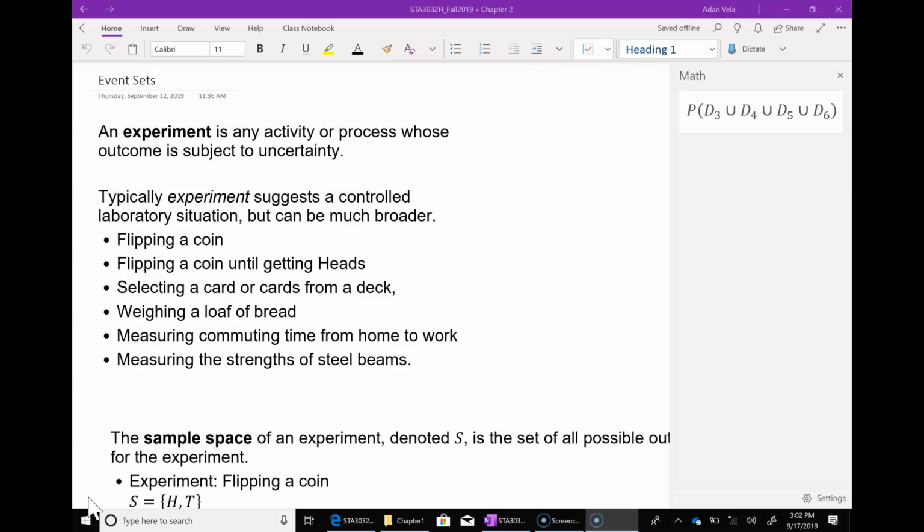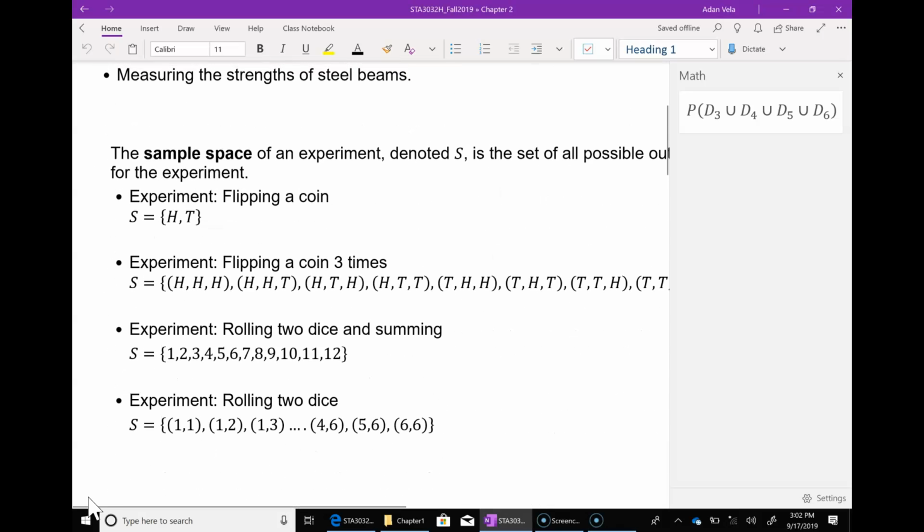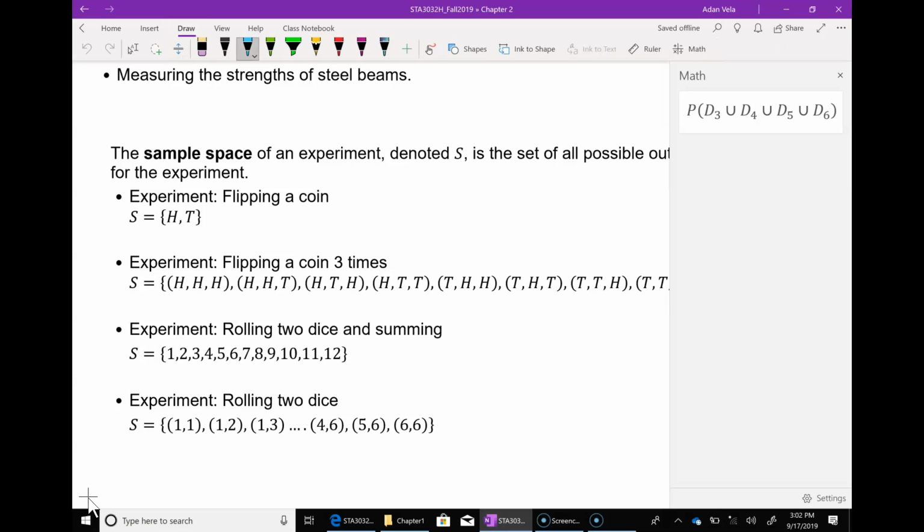So each time we run an experiment, what we end up with is a sample space. This sample space dictates what are the available options that we could generate in the experiment. So flipping a coin is pretty straightforward.